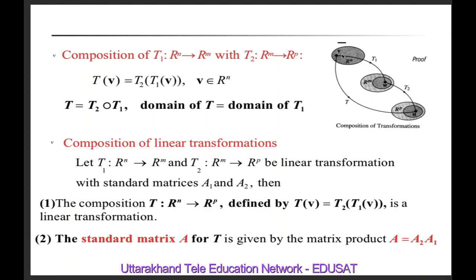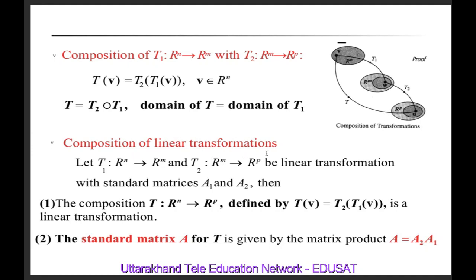Here T1 is a transformation from R^n to R^m, and T2 is a transformation from R^m to R^p. Therefore, T is a transformation from R^n to R^p. So we can write T equal to T2 of T1, and the domain of T is equal to the domain of T1. See, the domain of T is R^n and the domain of T1 is also R^n, so they are the same.